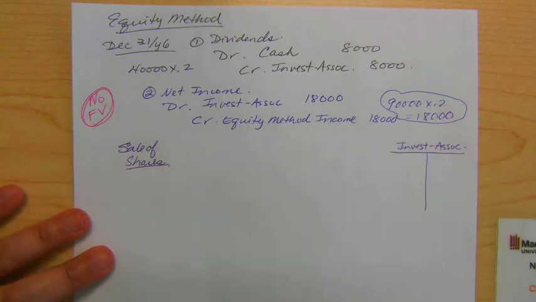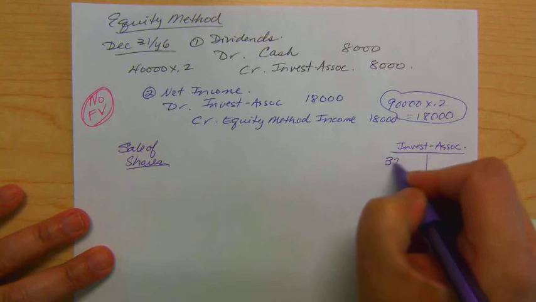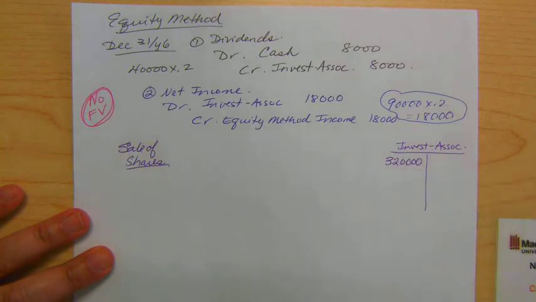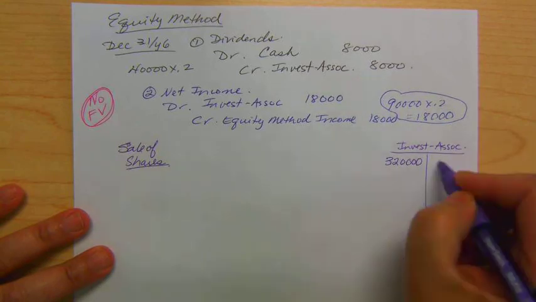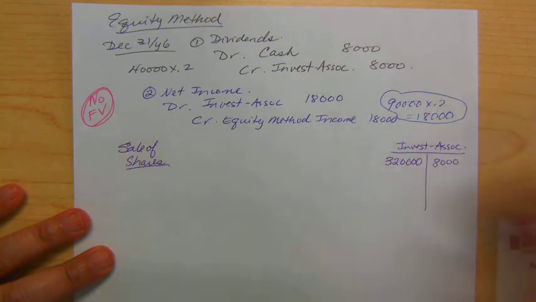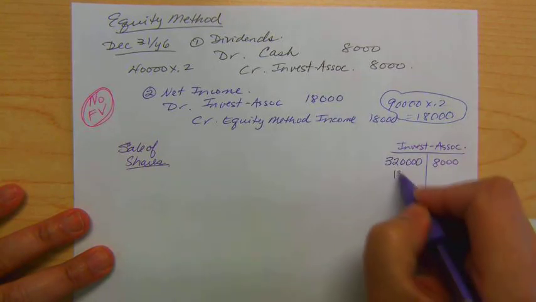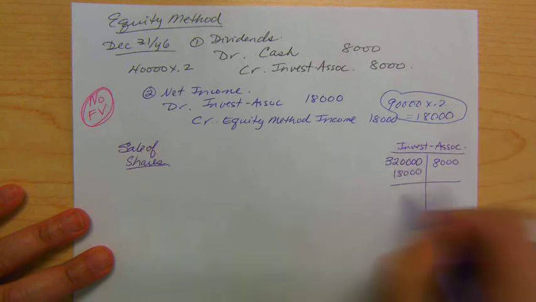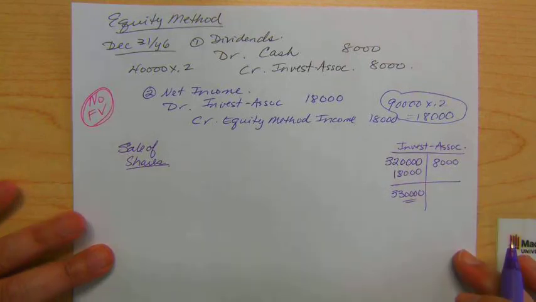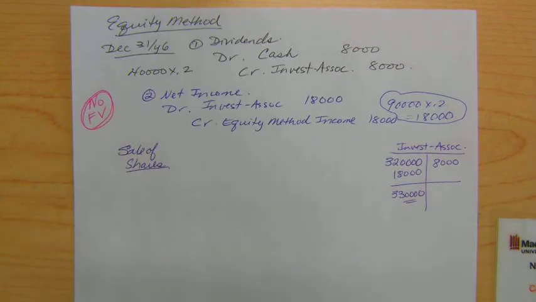And we started with 320 in there. We reduced it by the amount of dividends and increased it by the amount of net income. So that works out to 330.